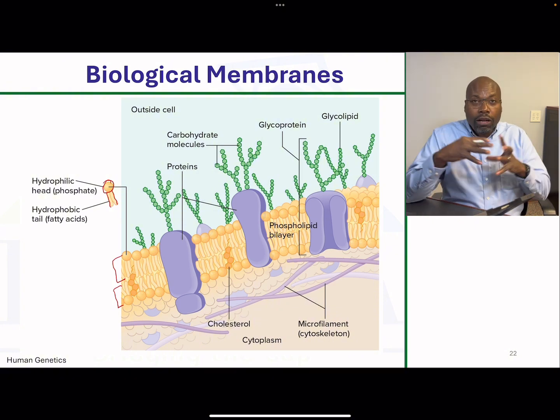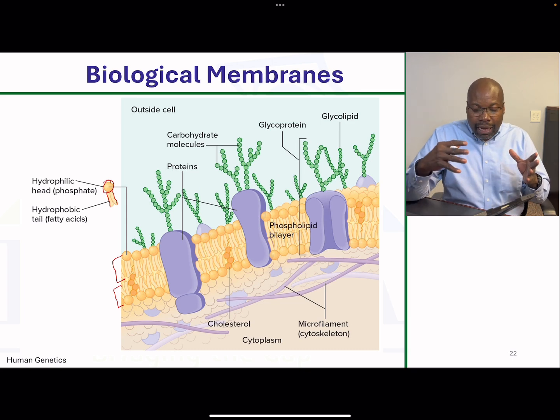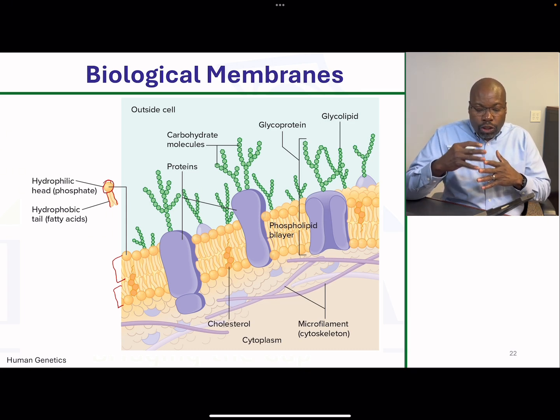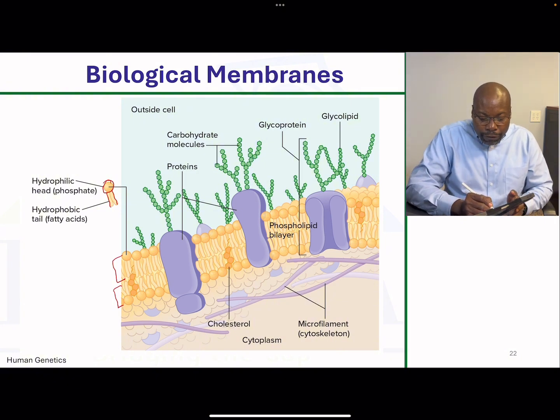When you put a lot of these molecules together in a water-based environment, that is the cell, needless to say, they are going to behave in such a way that the hydrophilic heads are going to be toward a water-based environment, in and out.